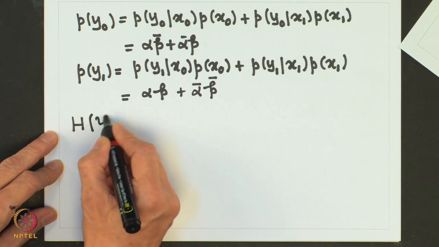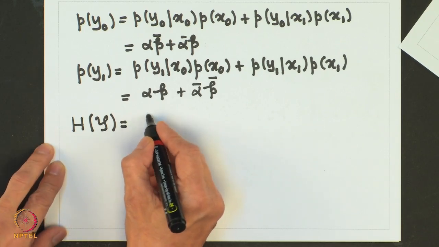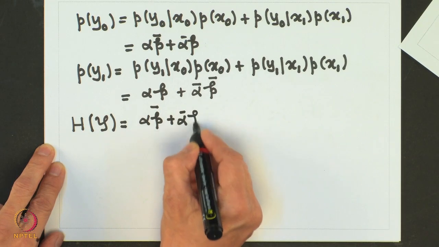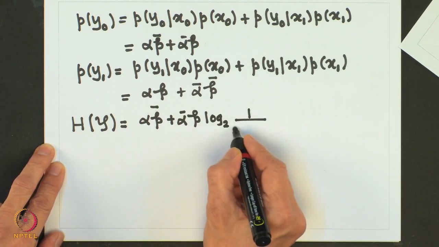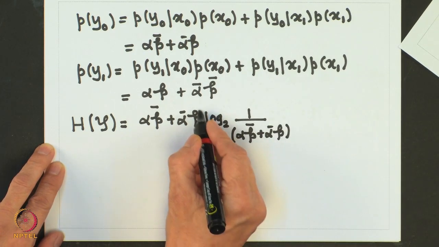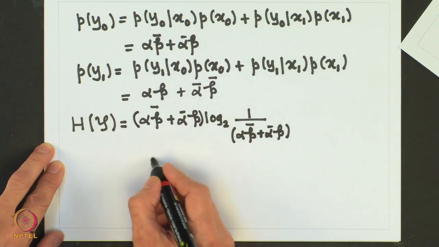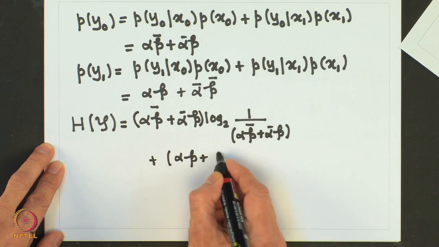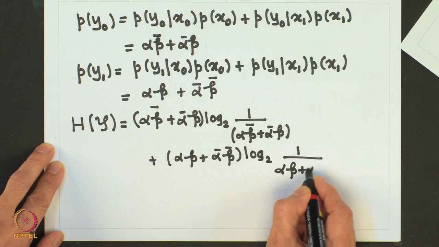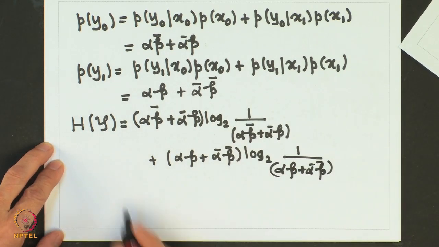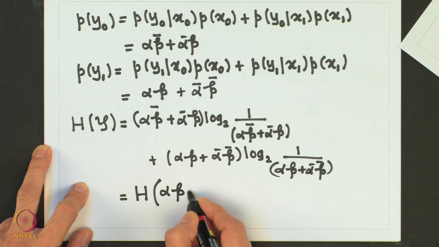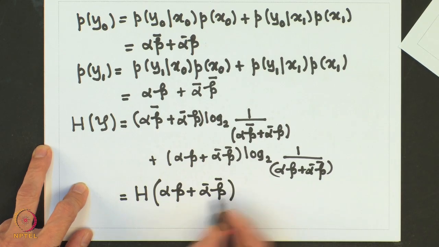Okay. So, I can write the entropy of the output as, that is one term corresponding to this, and the other term corresponding to this would be equal to, so this basically I can identify as the entropy function.